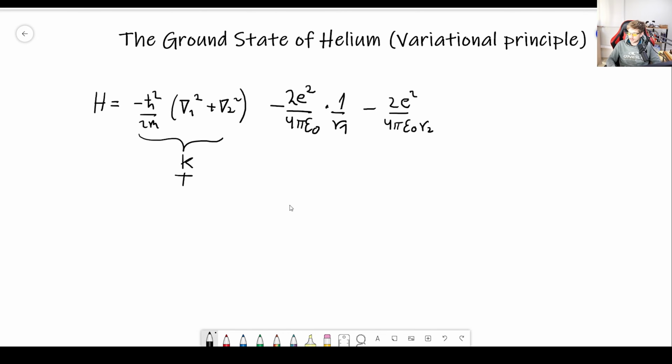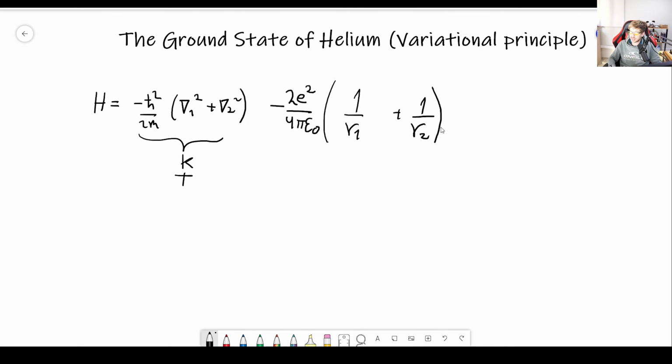So now we can factor this and write it in the following way: minus this right here times 1 over r1 plus 1 over r2. And then we have the final interaction, which is between the two electrons.